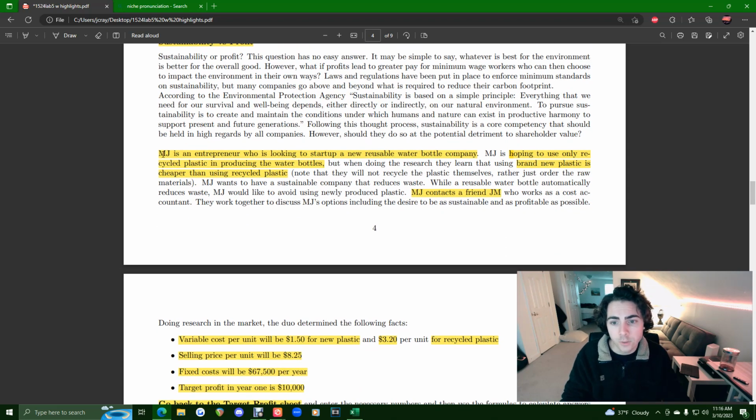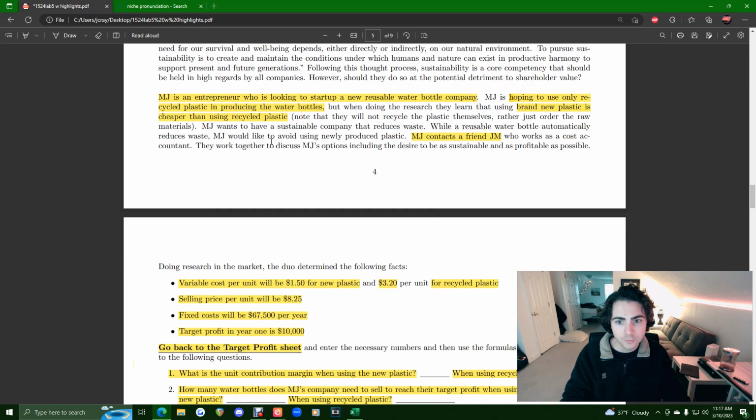Okay, so we have MJ, an entrepreneur who's looking to start up a new reusable water bottle company. MJ is hoping to only use recycled plastic in producing the water bottles. Brand new plastic is cheaper than recycled plastic. So MJ contacts a friend, JM, crazy names, who works as an accountant.